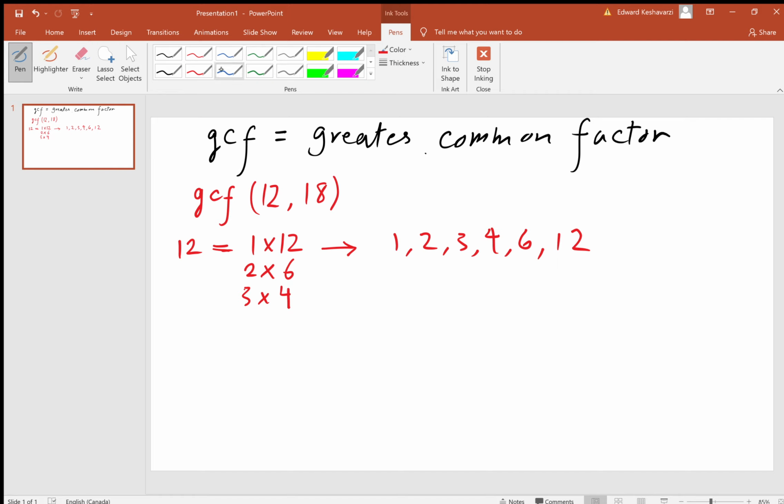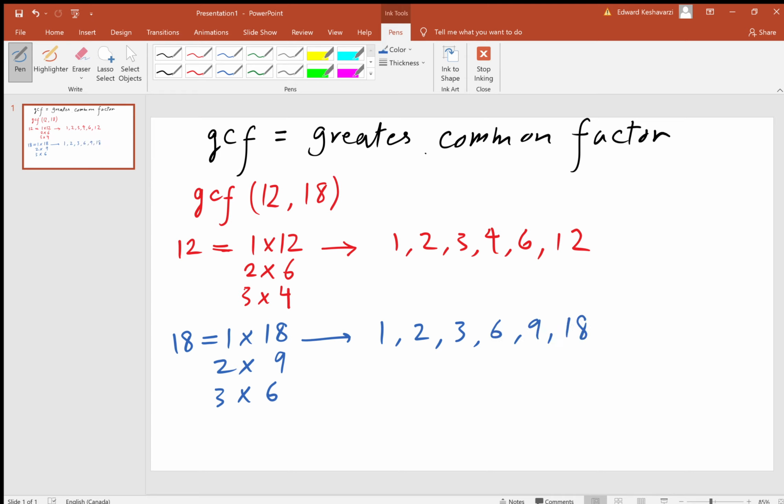Likewise, I'm going to find all of the factors of 18. 18 can be written as 1 times 18, 2 times 9, 3 times 6. So therefore 1, 2, 3, 6, 9, and 18 are all factors of 18.